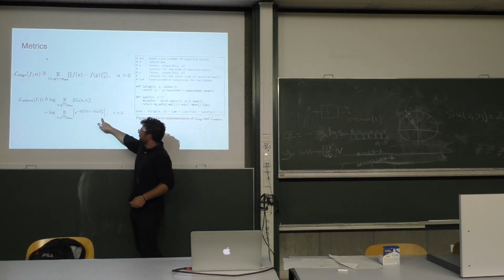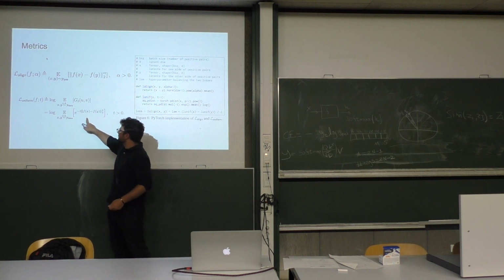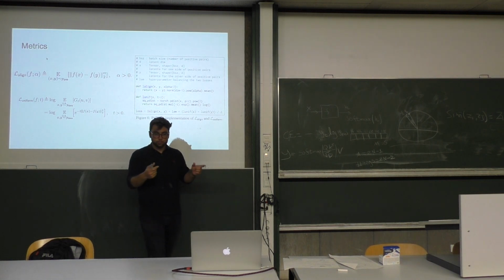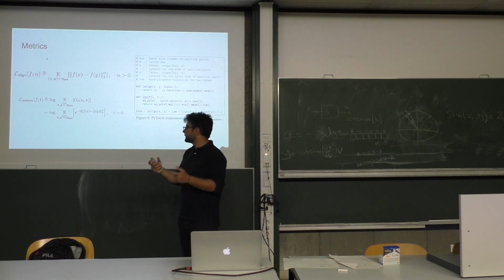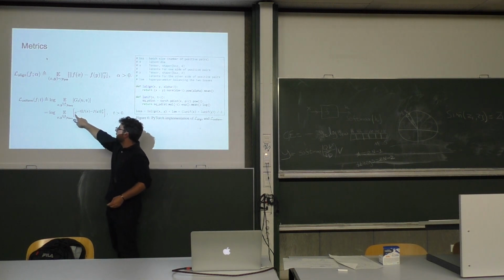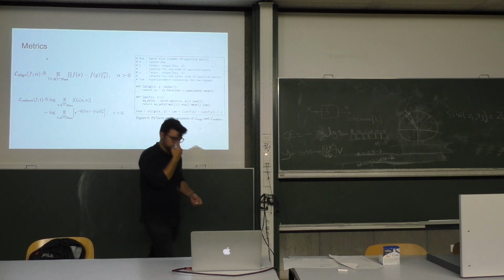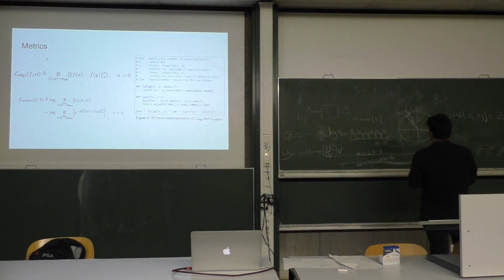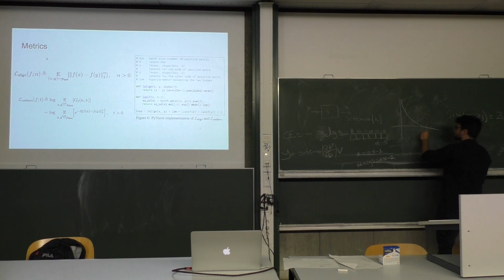So basically this term assigns different portions of this uniformity metric for small and large distances, because we raise everything to this e to the minus t power. Let's say 4.